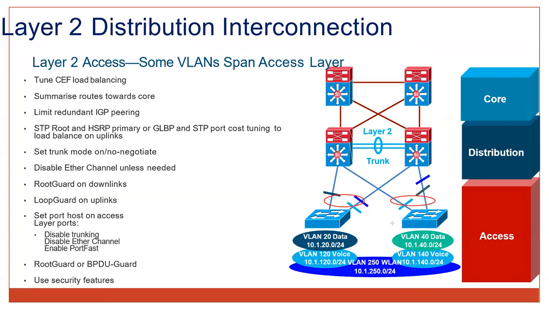If it is not there, then for a few of the VLANs, we can make this switch the primary for VRRP or HSRP, for example VLAN 20 and 120, and for VLAN 40 and 140 this will be the primary. So that means it will work as an active gateway for different VLANs. Right, like that we have the configuration.